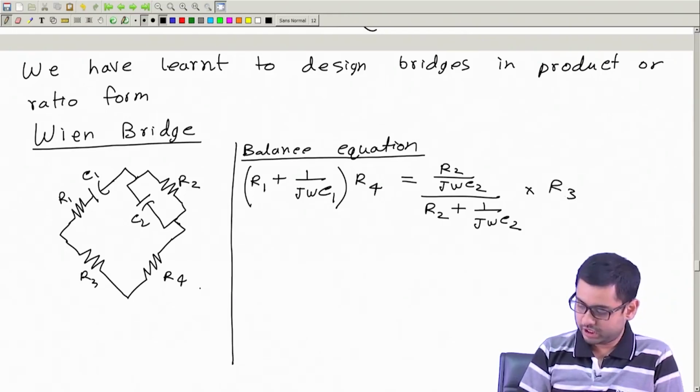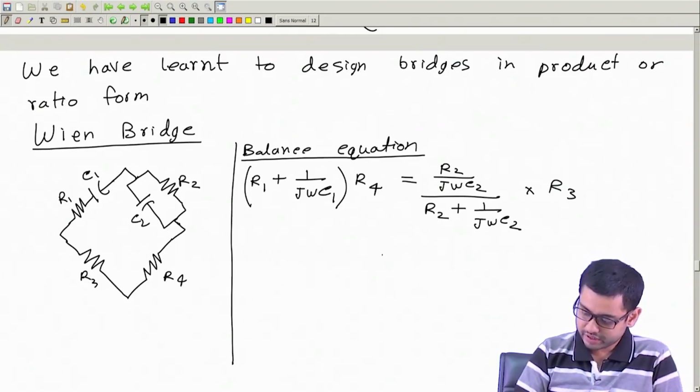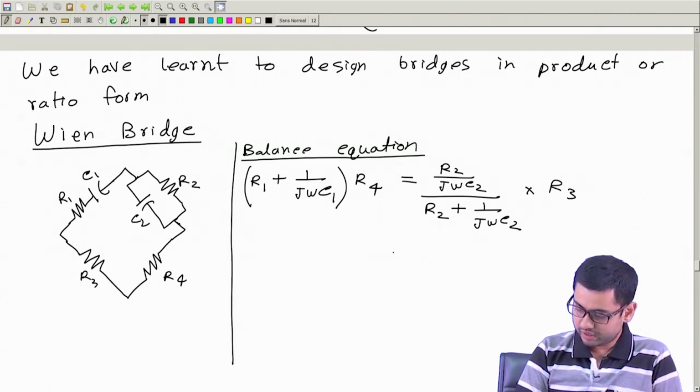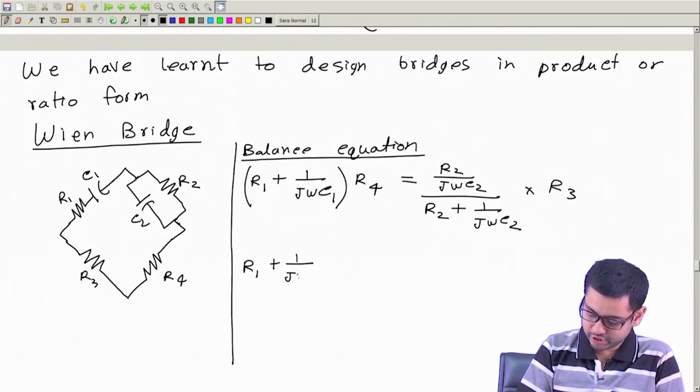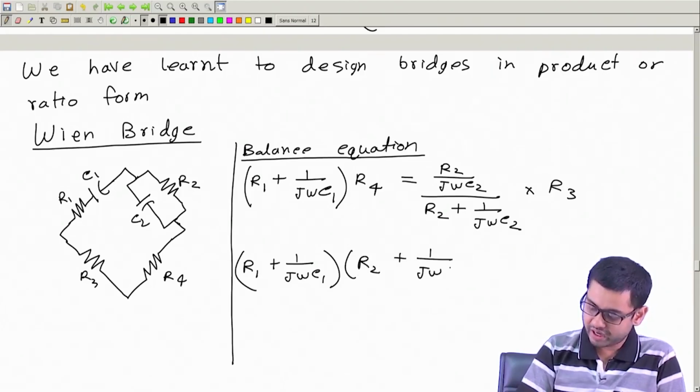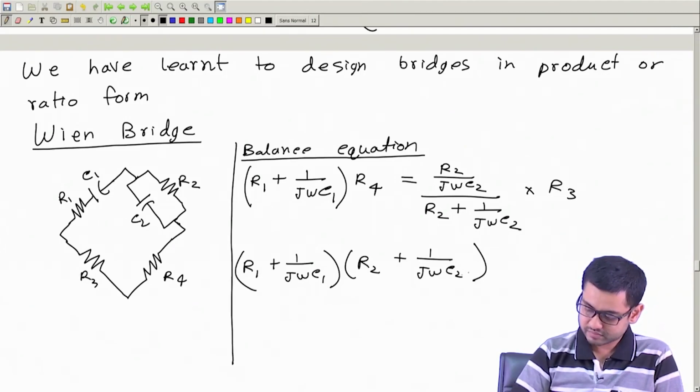Okay. Now, we have to simplify this equation. Okay. So, the right side, let us take a product of these two terms. Okay. Let us do it this way: R1 plus 1 over j omega C1 multiplied by R2 plus 1 over j omega C2.